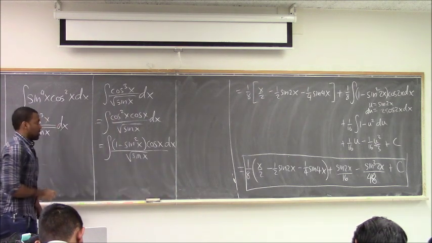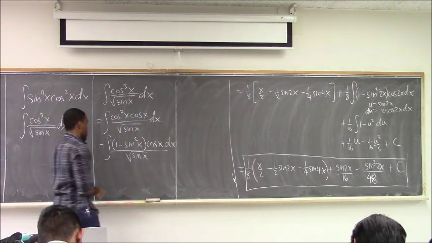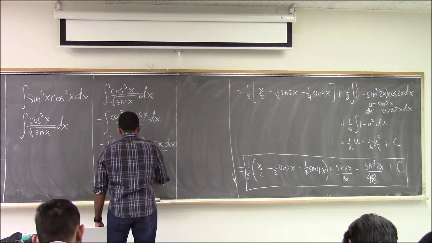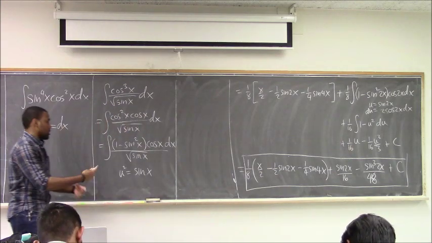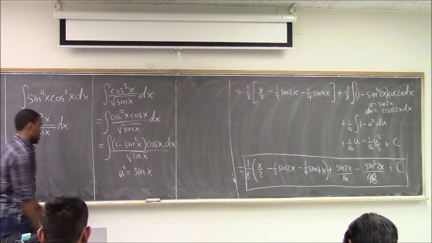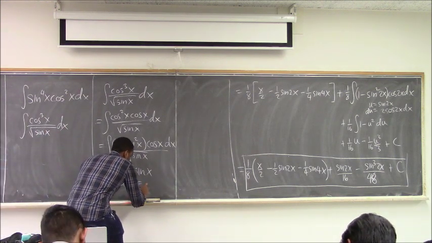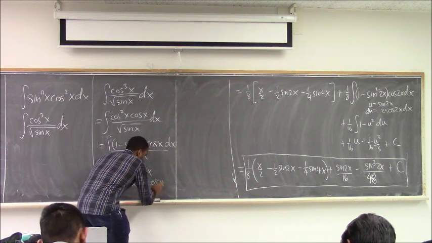And then you can do a u substitution for the denominator. So we set u squared equals sine x. Right, so you say u equals the square root of sine x, which means that u squared is equal to sine x. Do the u squared substitution. 2u du is equal to cosine x dx.